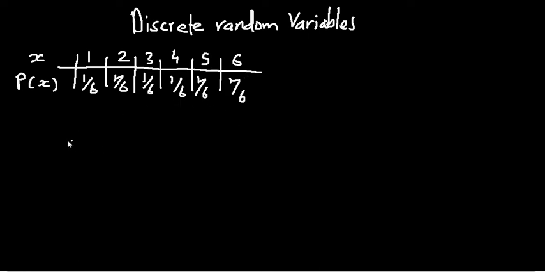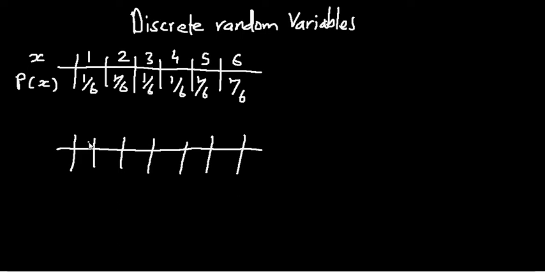Now let's say this dice was biased towards a certain number. Even that could be called a discrete random variable. So you have the same outcomes for this dice, but let's say one of the outcomes has a very high probability, and therefore that has to be compensated.